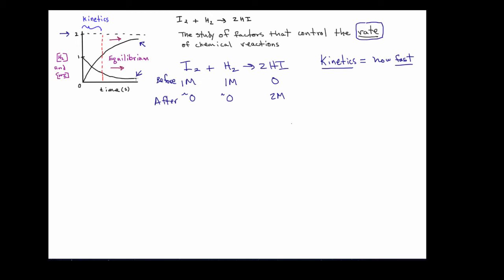Neither the product or the reactants are truly, well, in the case of the reactants, they are not truly at zero. I only put it this way to indicate that they are approaching that point, because this reaction the way it's depicted is going to near completion, and the HI in this case is not exactly 2 molar, but it is approaching that value.